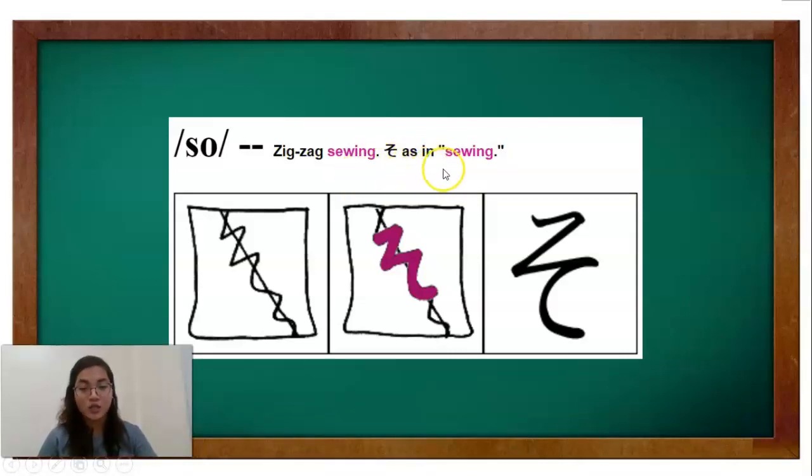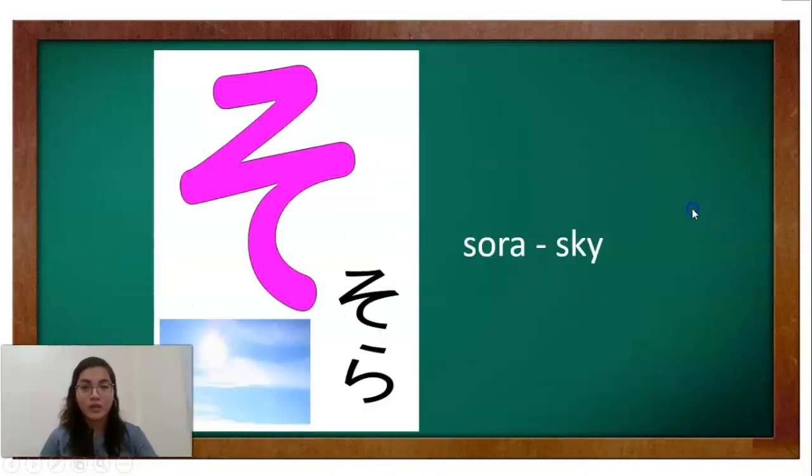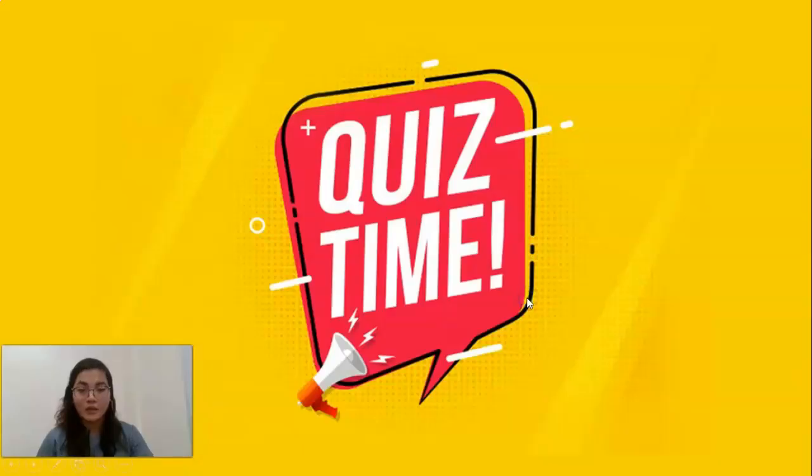Okay, so here's an example word that starts with so. Sora. Sora means sky. Okay, and that's it for our S row.